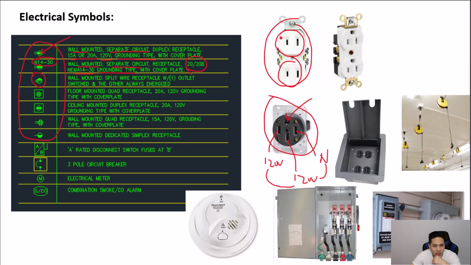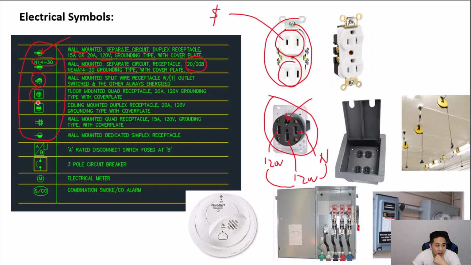The switch just means that it's connected to a wall switch somewhere on the wall. This is the switch symbol. And this is basically for floor lamps. If people want to plug a floor lamp into a receptacle, they would maybe want that to be switched. So that's why you have receptacles such as this one.